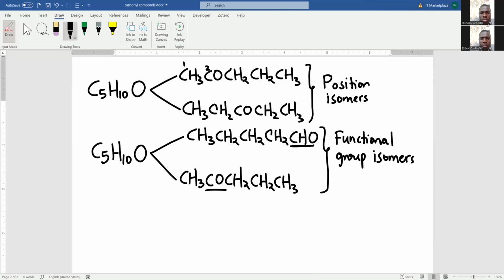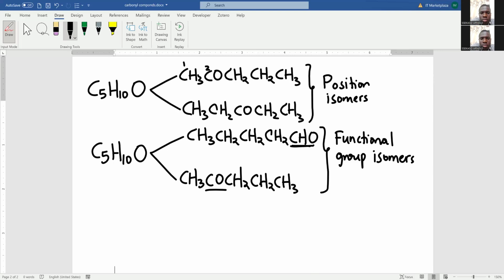And also I want to say that these are not the only isomers which we can generate. We can have a lot of other isomers, like for position, we can also have aldehydes. But these are the basic ones which I've been able to illustrate.